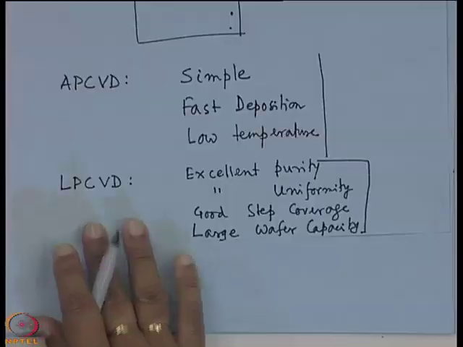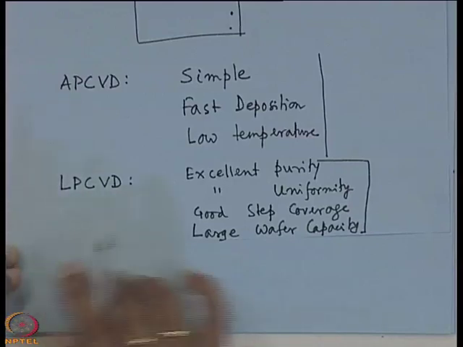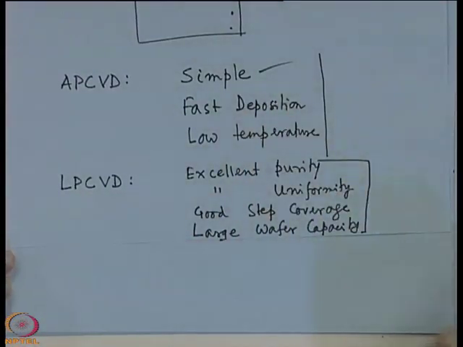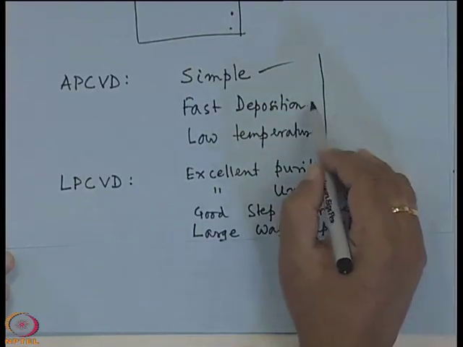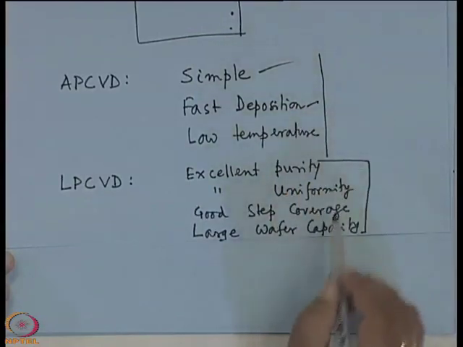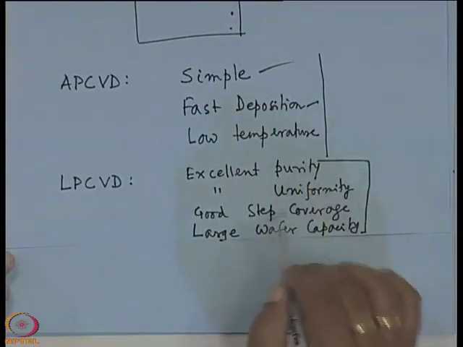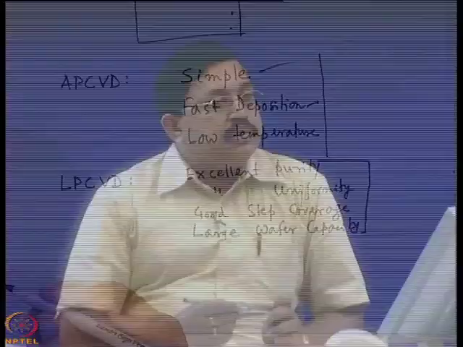So, what is the difference you see? The difference is that atmospheric pressure CVD is very simple, that we all understand. The deposition becomes fast in APCVD, in LPCVD it is not so fast. Why is LPCVD not very fast? Yes, because it is a low pressure growth, so it will be a slow process.